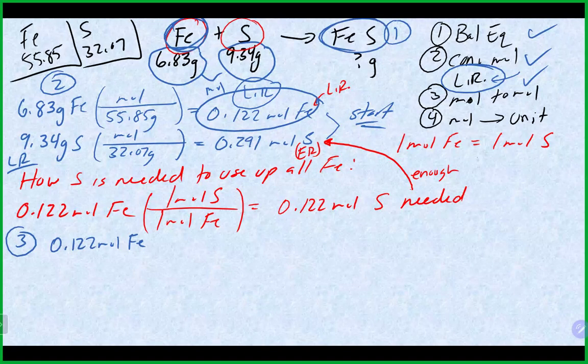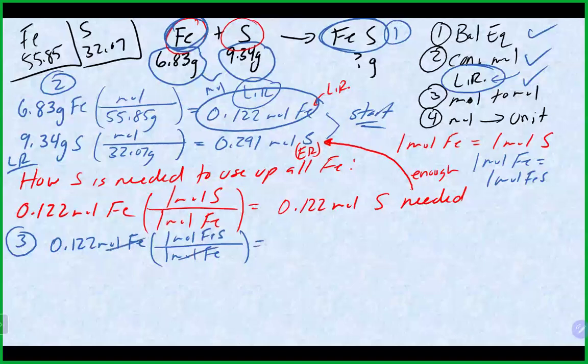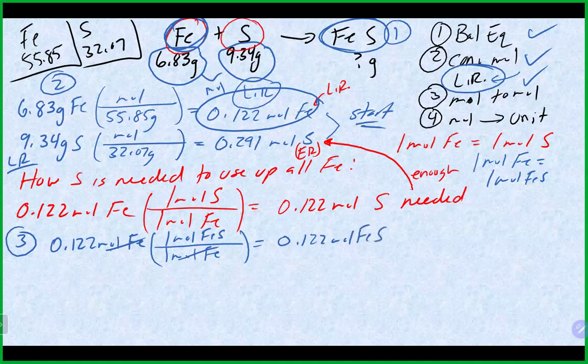From the equation, 1 mole of iron gives us 1 mole of our product. So we'll do our mole-to-mole relationship: 1 mole of iron gives us 1 mole of product, giving us 0.122 moles of iron(II) sulfide.